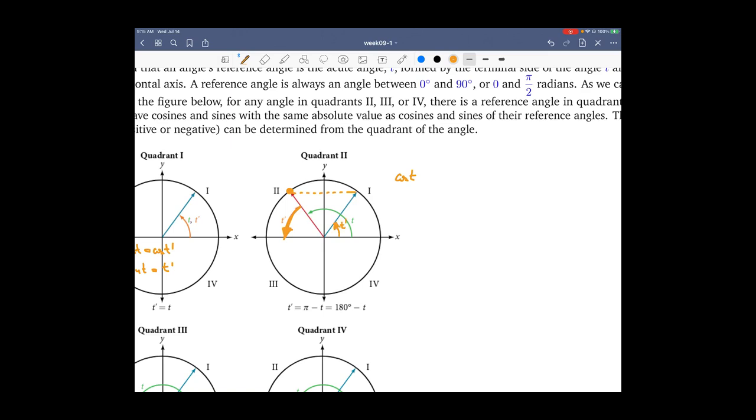We just did this. T prime is this angle, and therefore this angle, and therefore this angle. So cosine of t is only different from cosine of t prime by a sign. They share the same absolute value, but one is the negative of the other. So cosine t equals negative cosine t prime. Sines are equal.